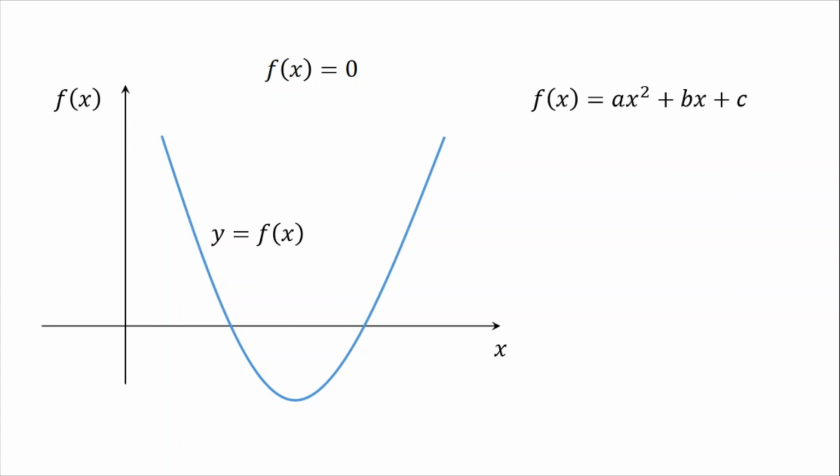Years ago, you learned that the roots of this polynomial function or polynomial equation can be solved using the quadratic formula. So the visual representation of the roots is this. We have two roots of this polynomial equation, x sub 1 and x sub 2.